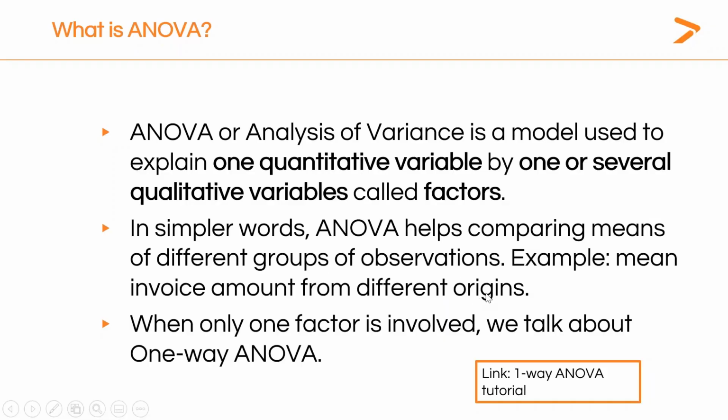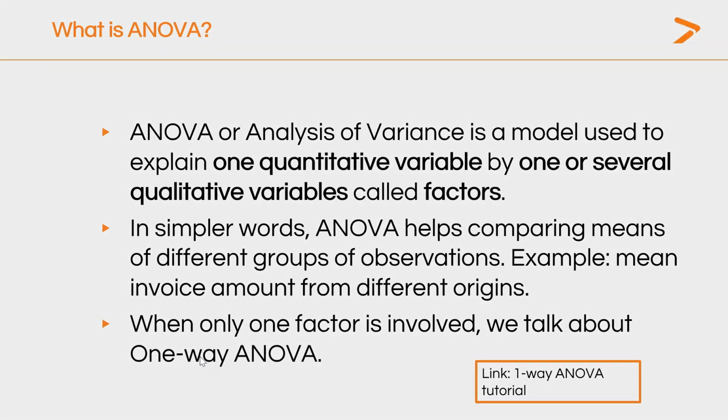So what is ANOVA? ANOVA, or analysis of variance, is a model used to explain one quantitative variable by one or several qualitative variables we call factors. And in simpler words, ANOVA helps compare means of different groups of observations, for example, the mean invoice amount from different origins. And when you only have one factor involved, we talk about one-way ANOVA.